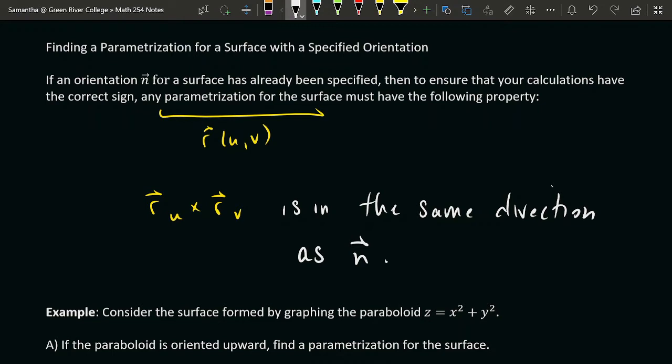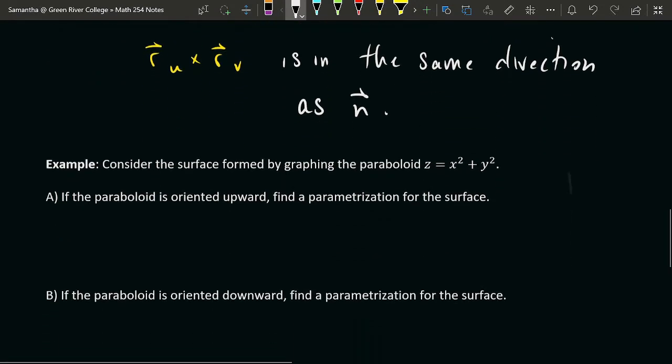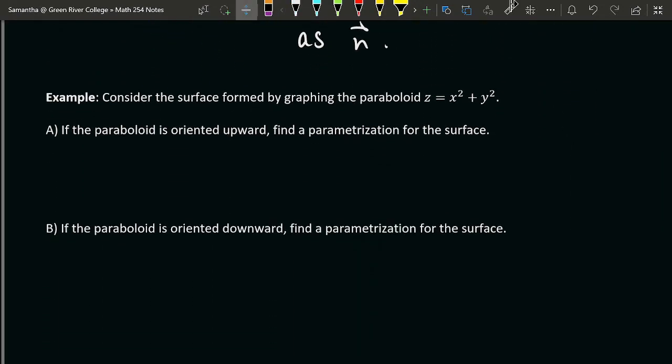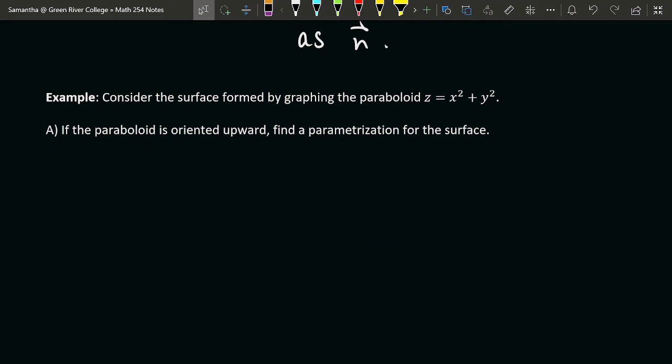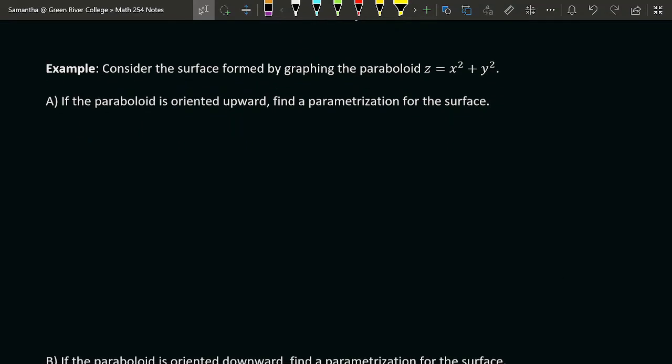To demonstrate what I mean, let's consider the following example. Someone is considering the paraboloid z equals x squared plus y squared, and they want to come up with a function r(u, v) whose graph corresponds to this paraboloid. They want to parameterize this surface. But they want to do it in such a way that we respect the orientation of this surface.